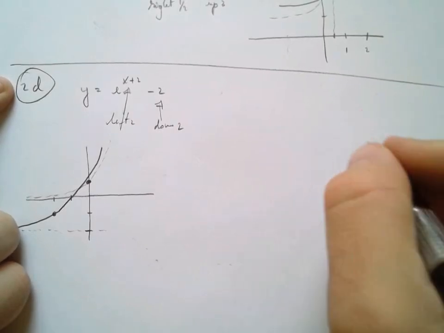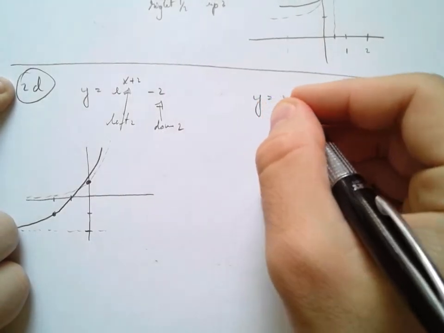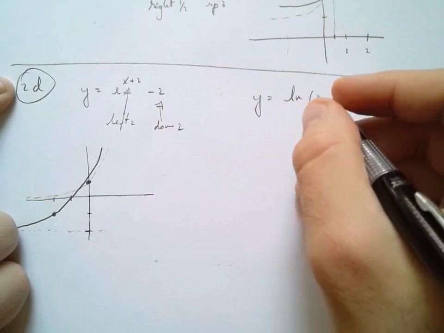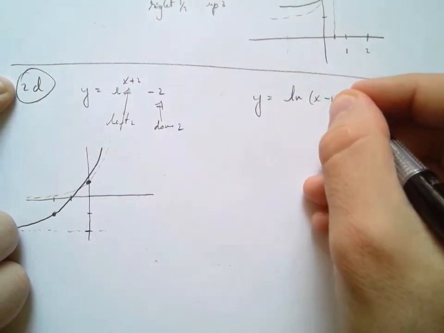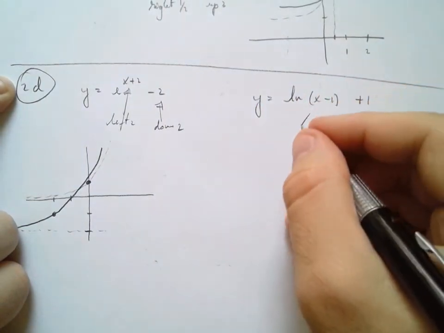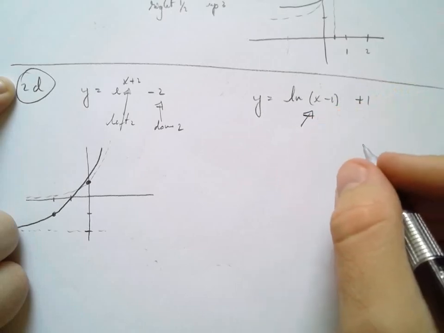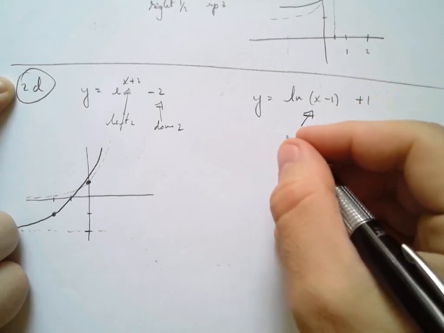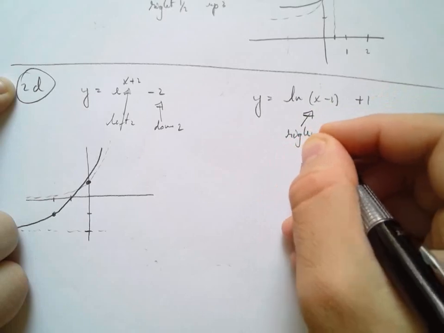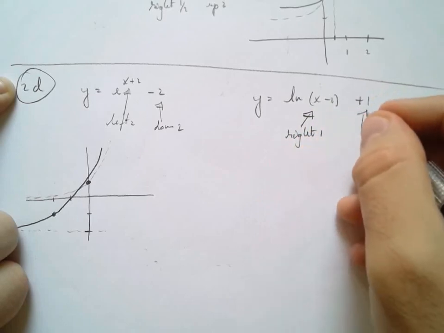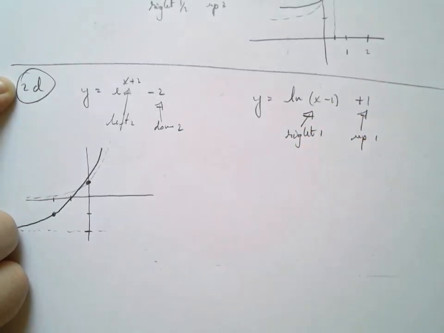Let's go ahead and graph the other one. So now I have y equals ln of quantity x minus 1, plus 1. And what this minus 1 inside by the variable does is shift it to the right 1 unit, and this one shifts it up 1 unit.